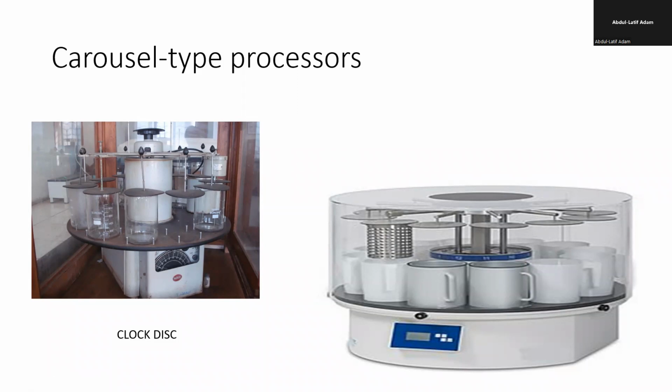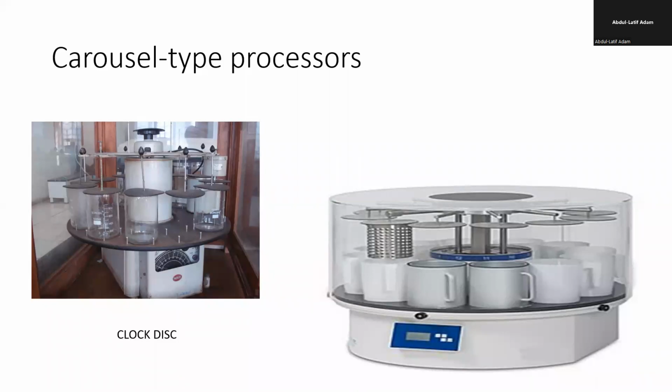Then it has to rise. So it will rise from there and go to the next one. So you make indentations in the clock disk for the number of minutes or hours you want to spend in there. Now we have the digital one, where it is like a computer. So you set programs.